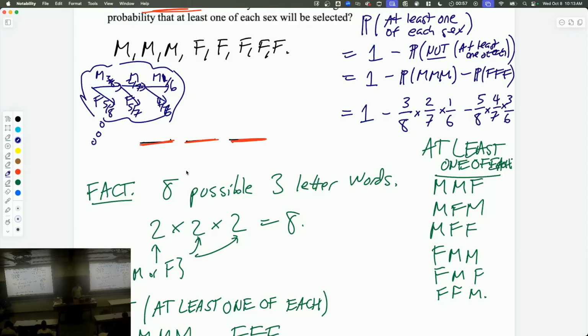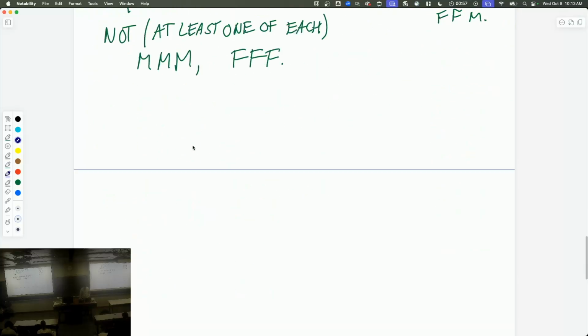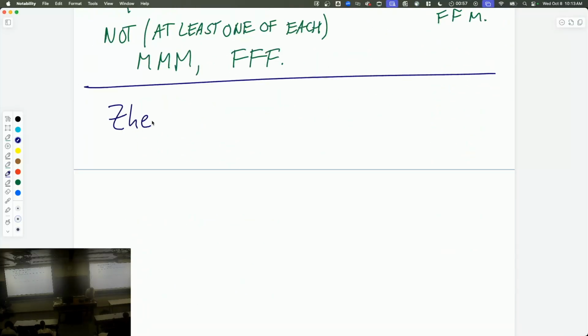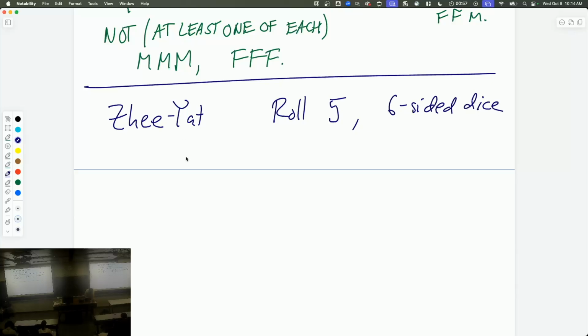All right, let's do WOct as the last little thing. I'm just going to answer the last part. So you roll 5 six-sided dice, to keep it classic. What is the probability of a triple?